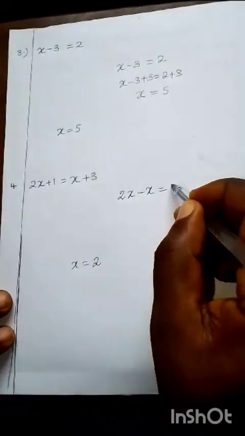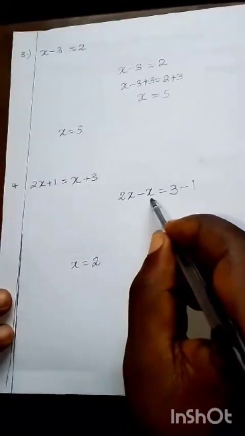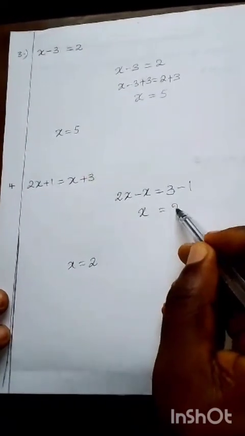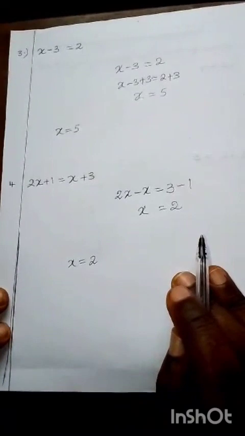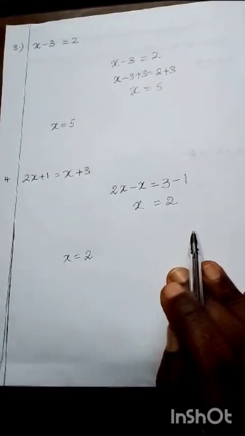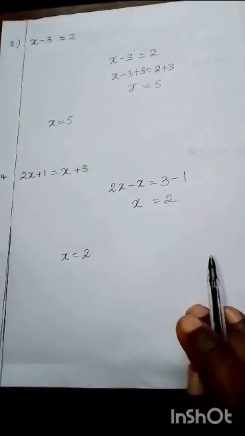And you bring the other like terms, you have 3. Positive 1 goes as minus 1. 2x minus x is x. 3 minus 1 gives 2. x is still equal to 2. So either using a concrete approach or the rule method, you still have the same answer.